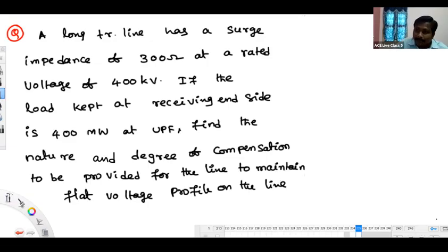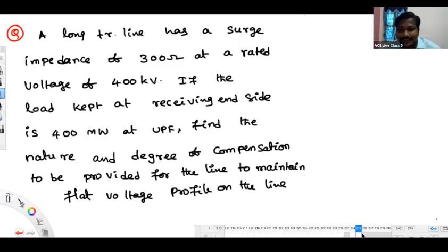First we should decide whether it is series compensation or shunt compensation. After that, we should tell what is the degree of compensation to be provided.